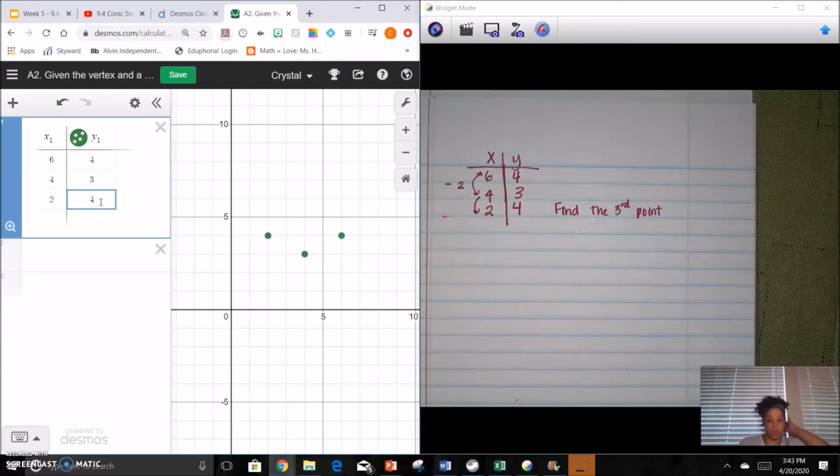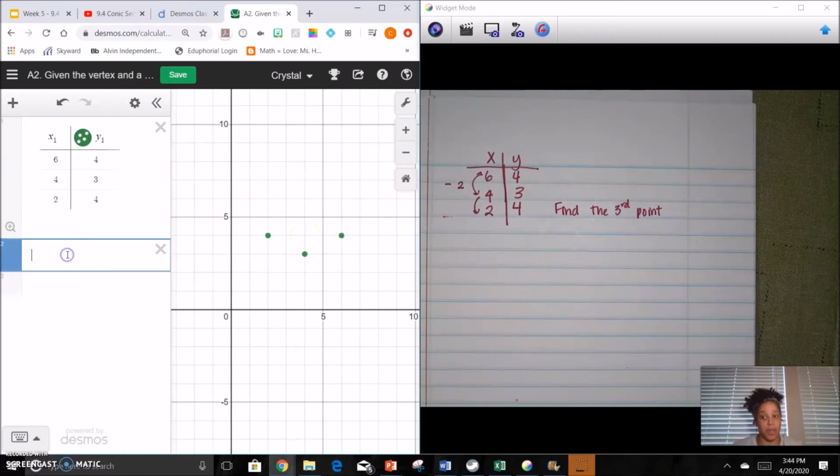All right, so that's just the rules of the vertex. That's why you have the axis of symmetry, because now this dot is 2 units away from the axis of symmetry, and then this dot is 2 units away from the axis of symmetry going in the other direction.